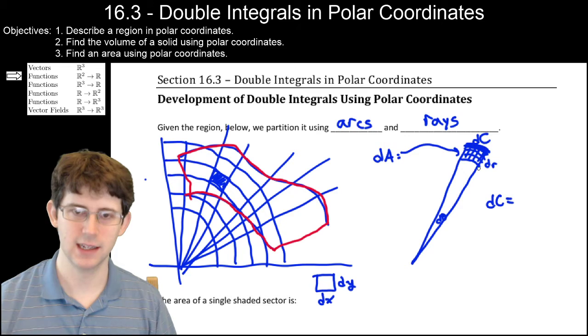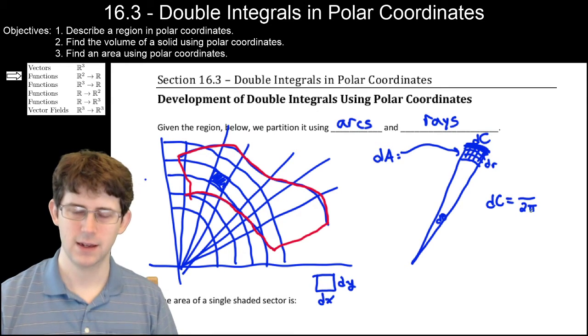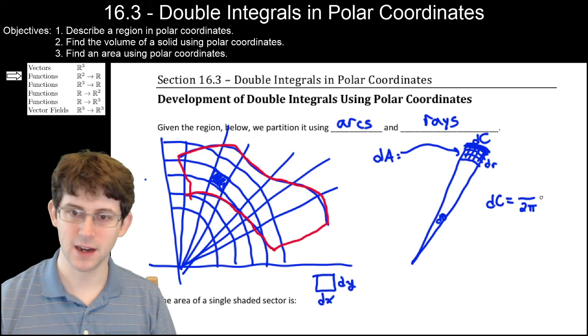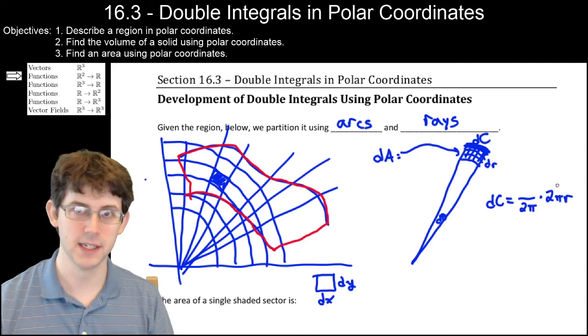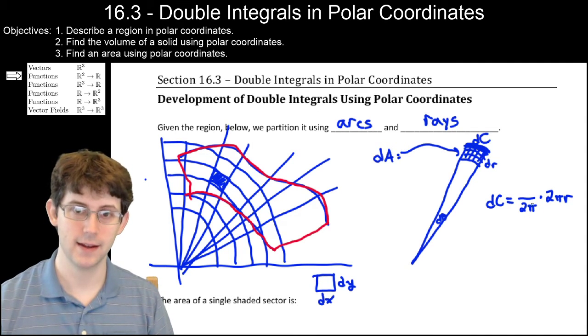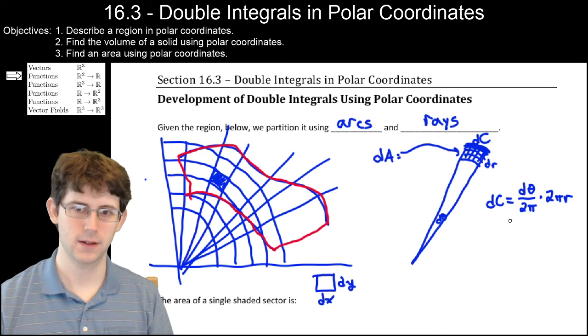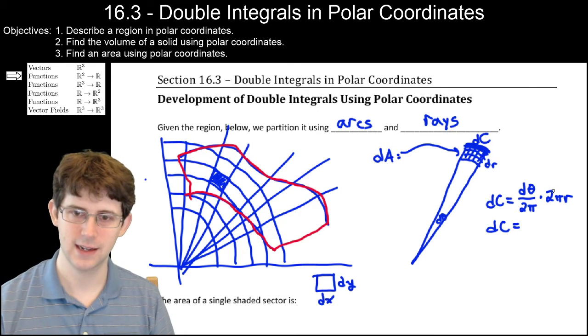So dc is some fraction of the circumference. So here's the circumference. What fraction is it? Well, the whole circle would be 2 pi angle, but we only have d theta of the circle. So I have d theta out of 2 pi of the circumference, which is 2 pi r. So actually the 2 pi's cancel, and this length is r times d theta.